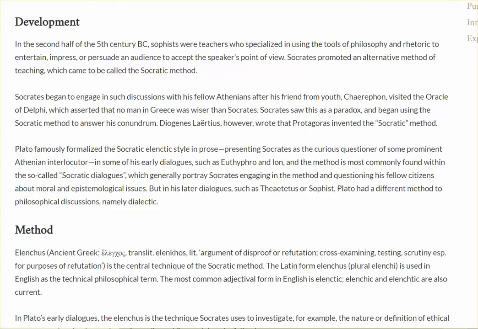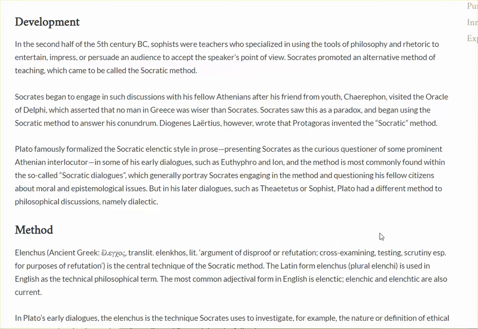He didn't make them follow a path blindly, but he showed them the path, showed them the initial beginning, and asked them to follow their own mind and rationality. Now, Socrates began to engage in such discussions with his fellow Athenians, having a habit from youth of questioning each and everything, whereas the Sophists did not let people question anything. So that's the main difference.